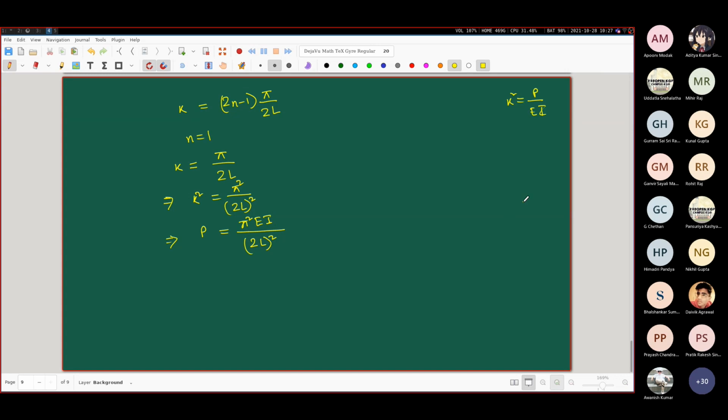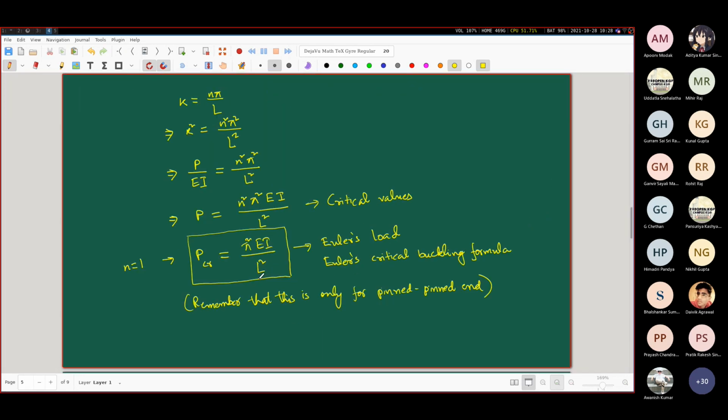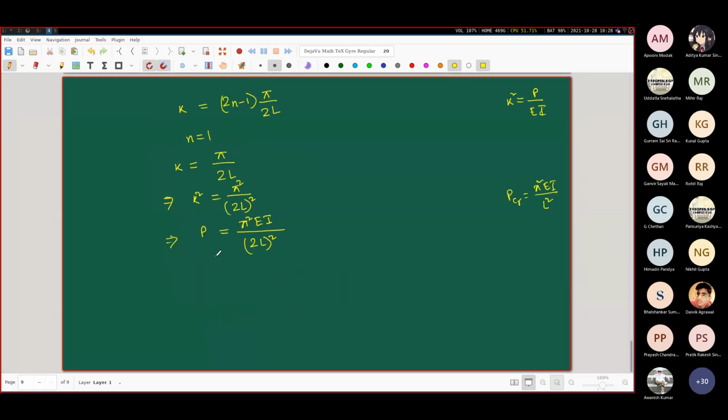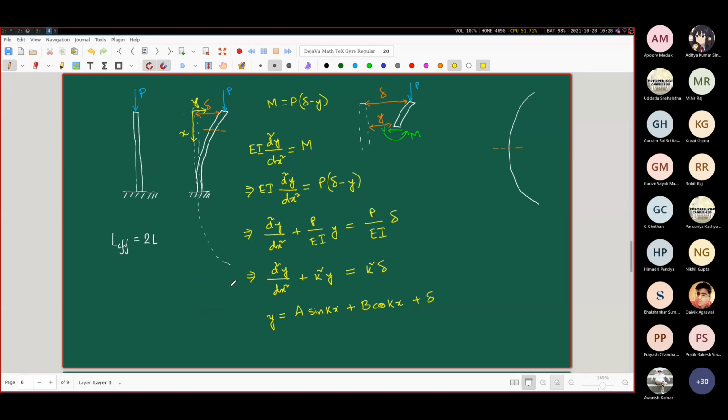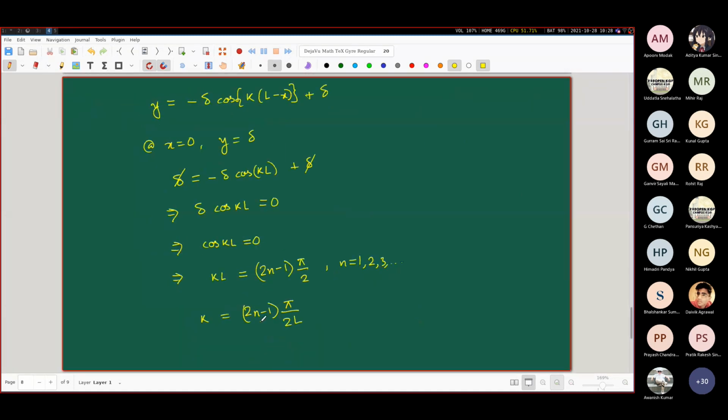Earlier we had obtained the P critical as pi square EI by L square, at the end of the previous class. And now we are getting the P critical as pi square EI by twice L square. In Beer and Johnson, through some hand waving, they had said that L effective is equal to twice L. So that kind of makes sense: this L effective is equal to twice L.